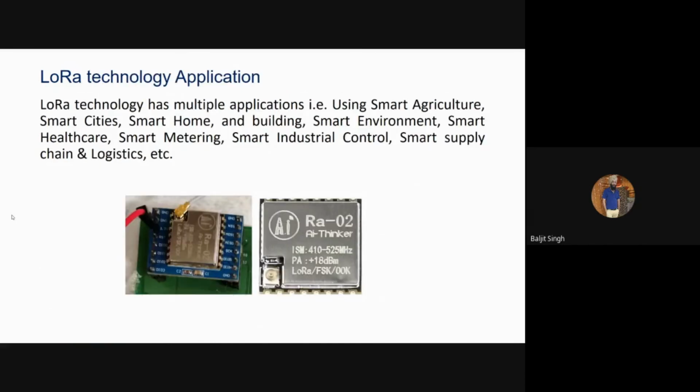LoRa technology applications: LoRa technology has multiple applications, such as smart agriculture, smart cities, smart home and building, smart environment, smart healthcare, smart metering, smart industrial control, smart supply chain and logistics, etc. And it is actually not very costly. The devices we have got in our lab came for around 400 to 500 rupees.